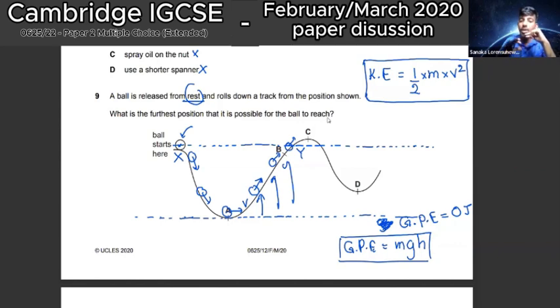Starting from X, it passes A and D, and reaches Y. The furthest point should be B. It reaches Y, but it has already passed A and B. The furthest point is B, so the answer is B. Very easy.